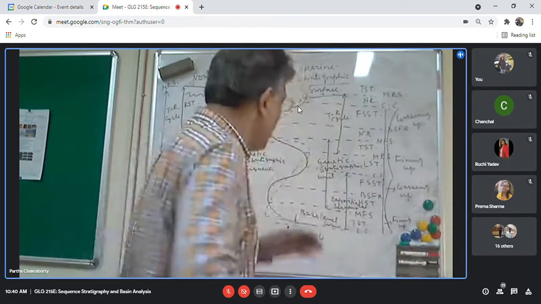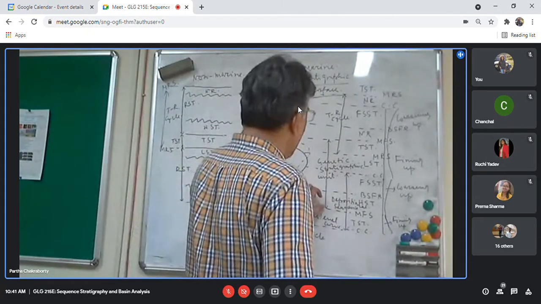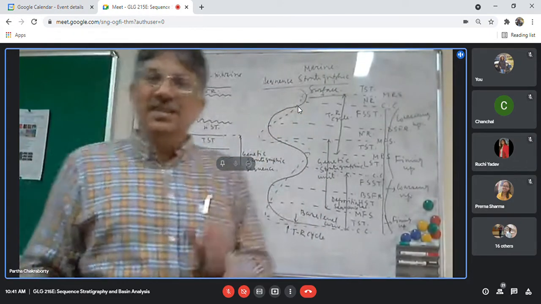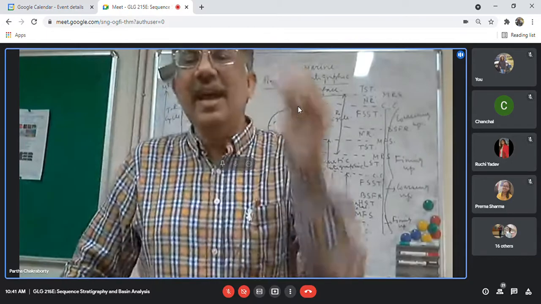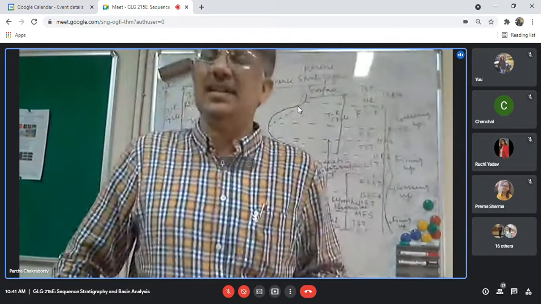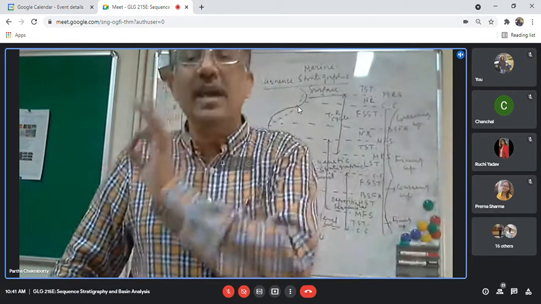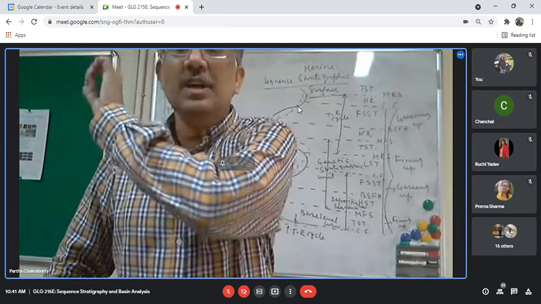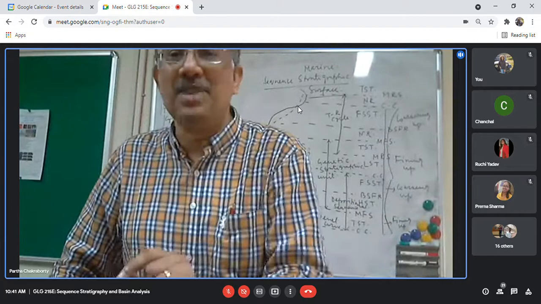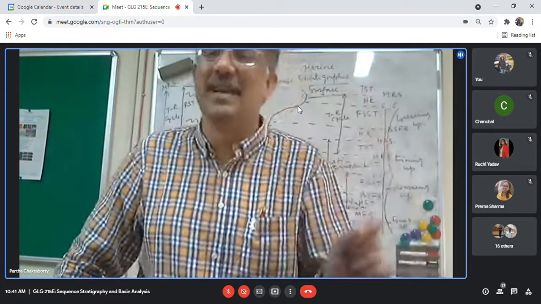Suppose I am dividing it from MFS to MFS. The seismic stratigraphers took this initially to subdivide the stratigraphic succession, and they subdivided based on the MFS. Why? Because the MFS is the most areally extensive strata in the subsurface and easiest to pick up in a seismic transect.